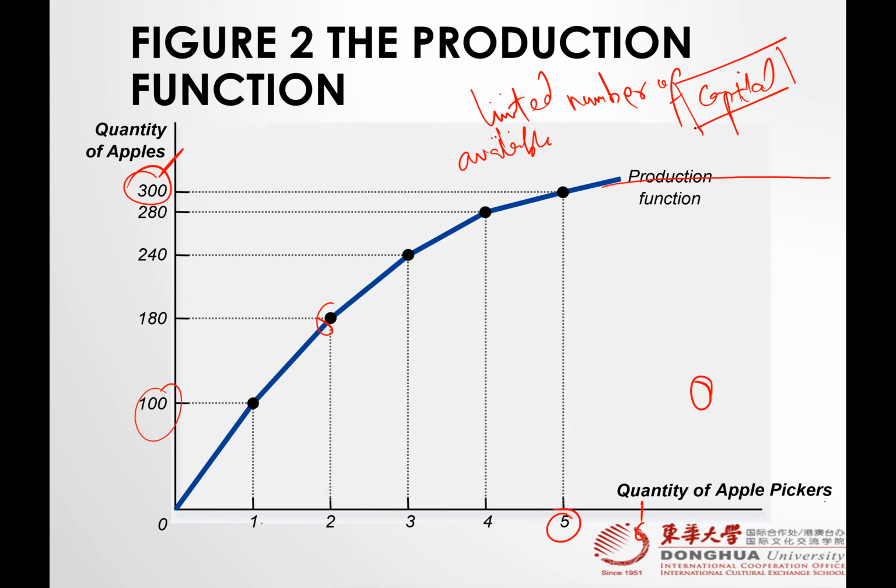So the apple pickers' ladders are fixed. If you have 5 ladders, everyone will have their own ladder, so they are picking the apple bushels. The 6th one, you don't have any ladder, capital is fixed, just like that. So that's why he's not adding to any production.